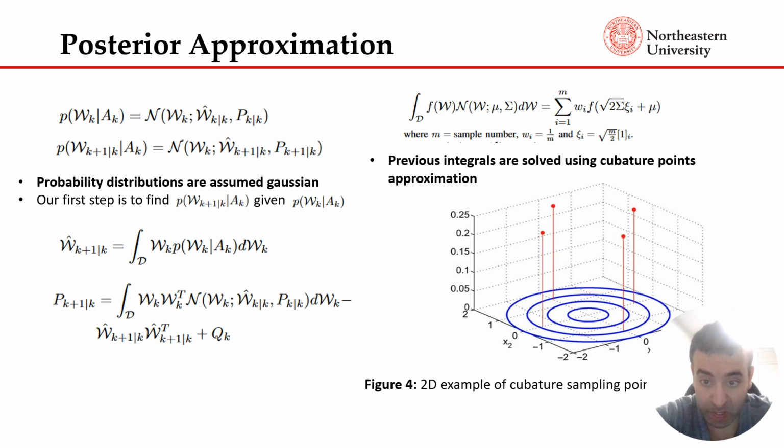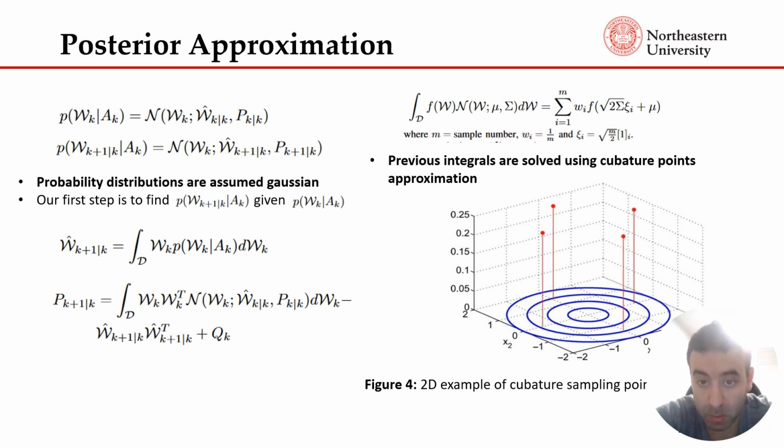Solving these integrals analytically is computationally infeasible, so we solve these integrals using Cubature rules. On the upper left hand side of the slide, the Cubature rule approximation of an integral of the form given above is given by the average of functional evaluations at these Cubature points.